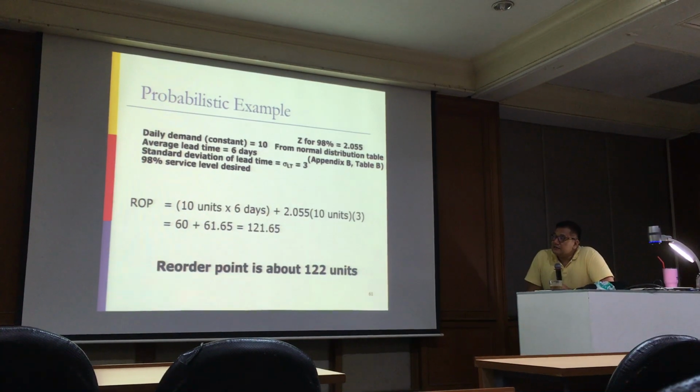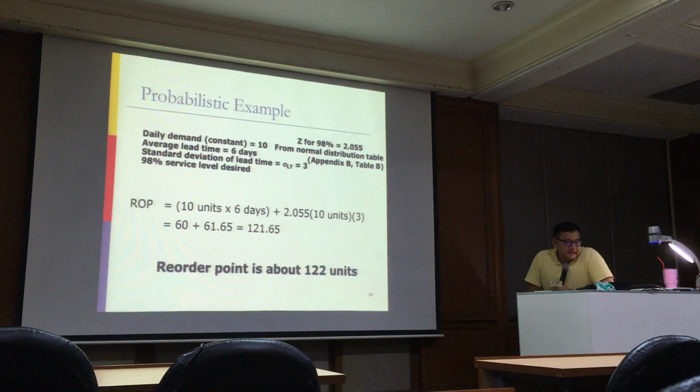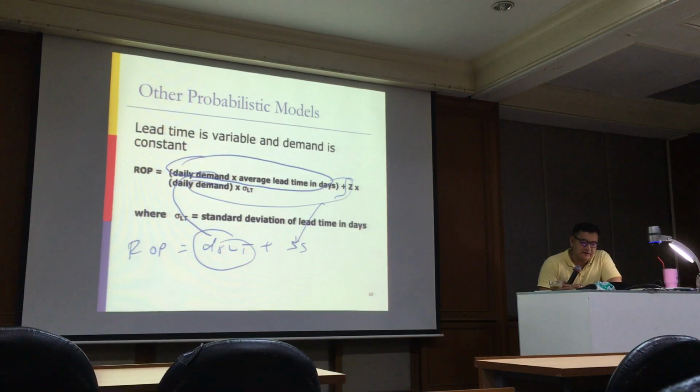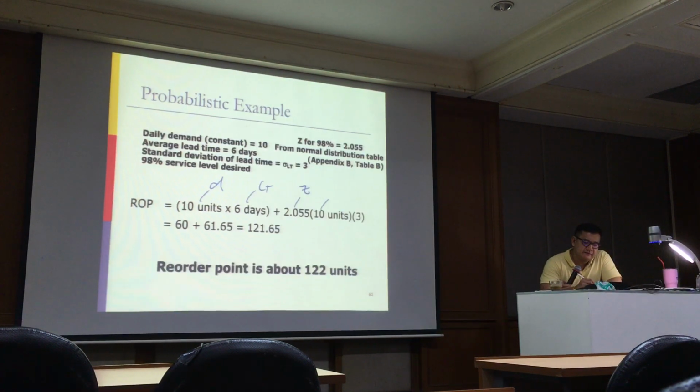Okay, the service level is 98%. You open the table, Z is equal to 2.055. And how about this one? This is the demand, this is lead time, and this is Z. The formula is using Z multiplied by the demand, and this is the standard deviation of lead time.